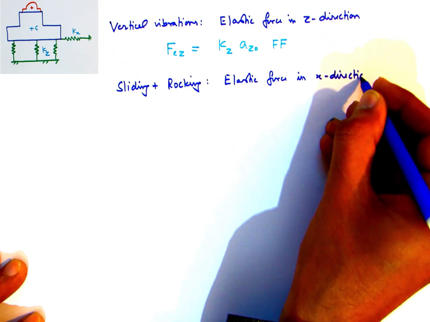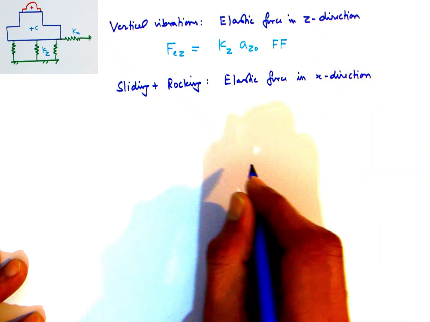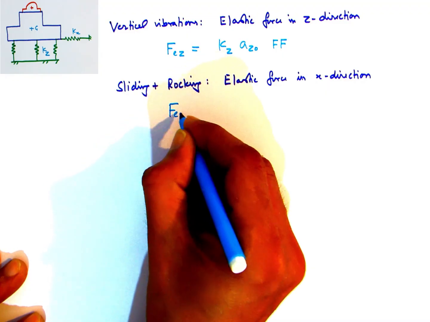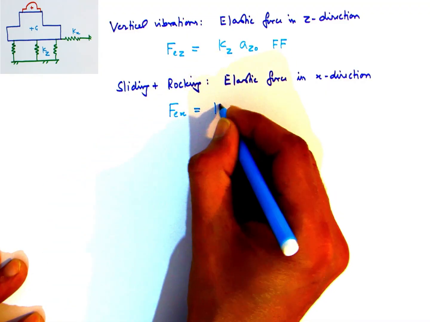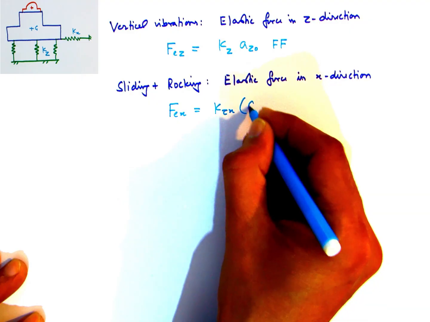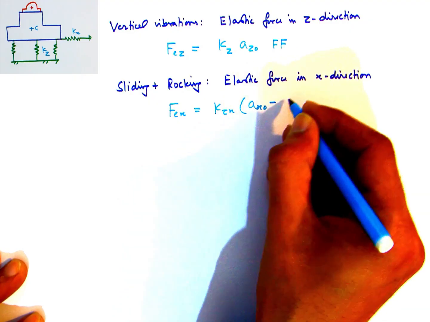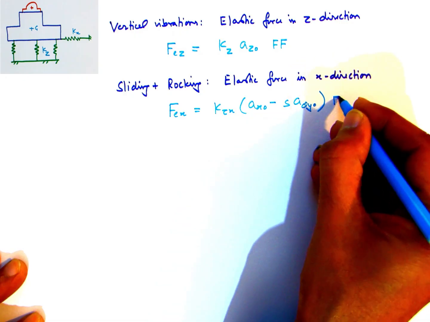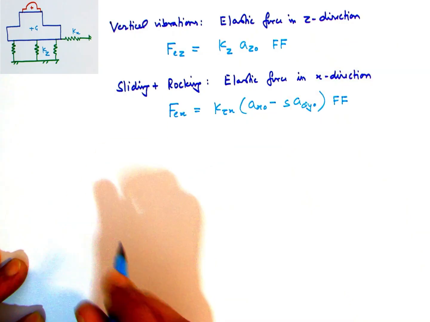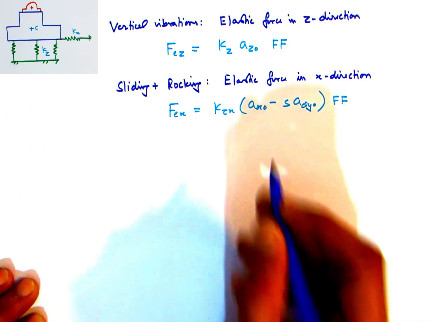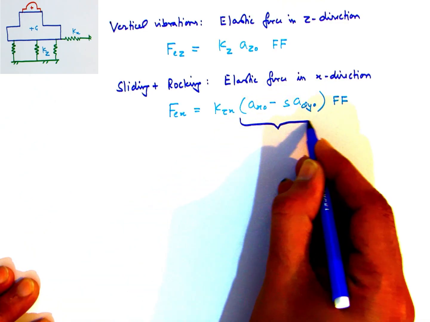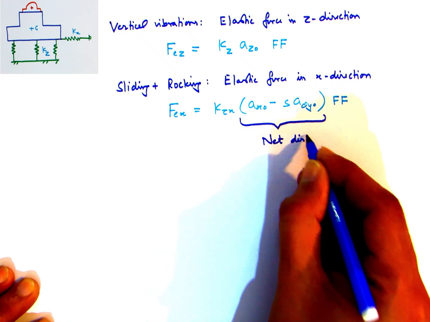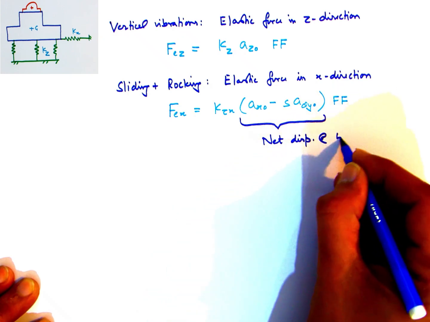For the combination sliding and rocking, elastic forces are produced in x direction. In addition, elastic moment is produced about the y-axis. So the elastic force in the x direction, denoted by Fex, is basically the product of the spring stiffness k tau x, the net displacement along the contact surface between the soil and the foundation, and finally the fatigue factor.